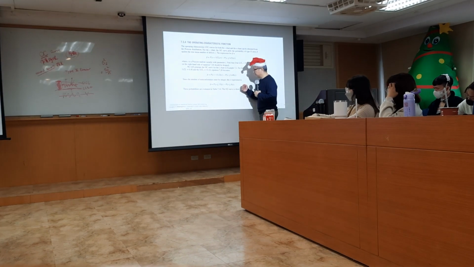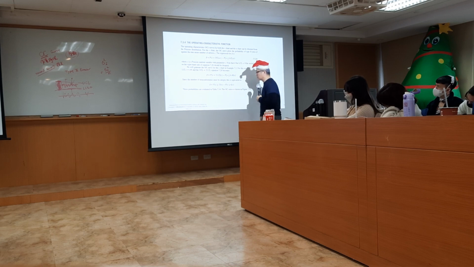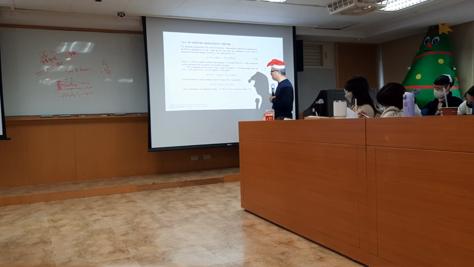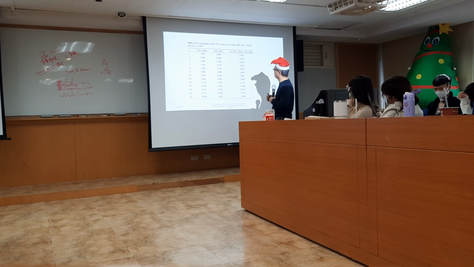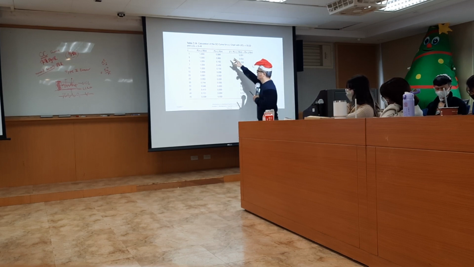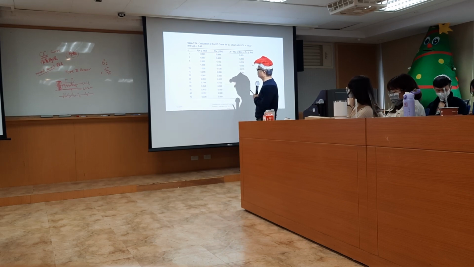Then if it is less than 6, we also round down and put equal. So this probability is evaluated based upon Table 7.14. The OC curve is shown in Figure 7.22, right here. Between 33 and 6, so C is equal to 1.